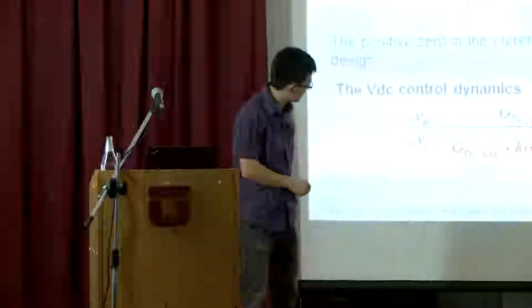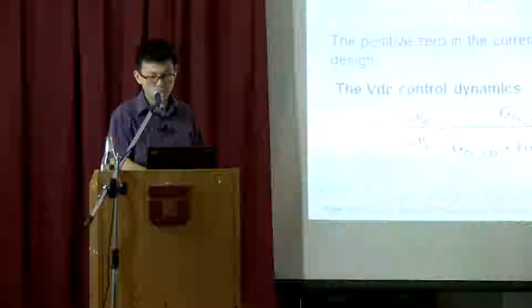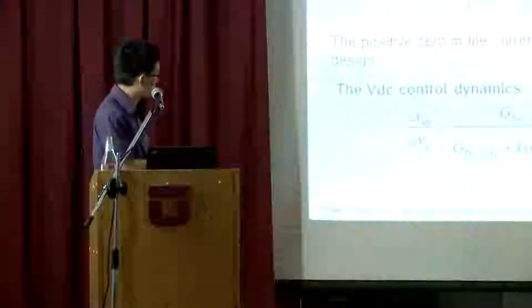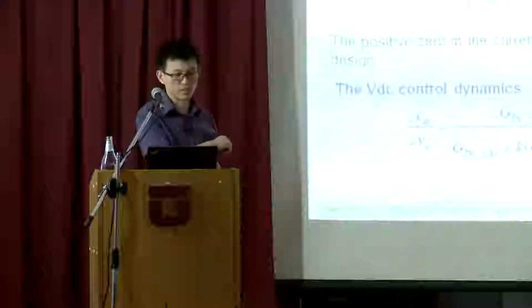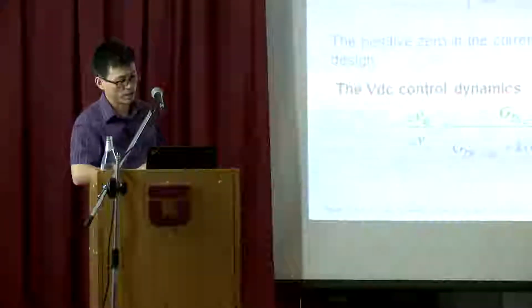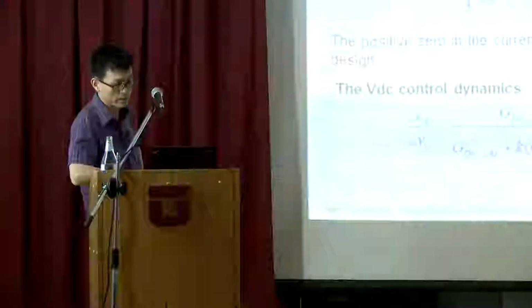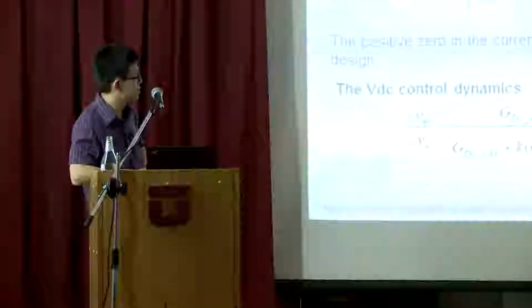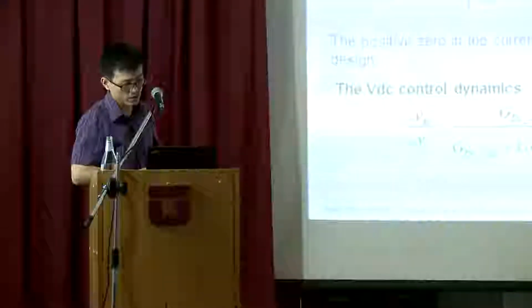What's really found is the K is actually in the VDC dynamics. So what this tells us is the droop gain will have an impact on the dynamics of the system for the current mode droop. This is something you should carry away when you do your droop controller design.